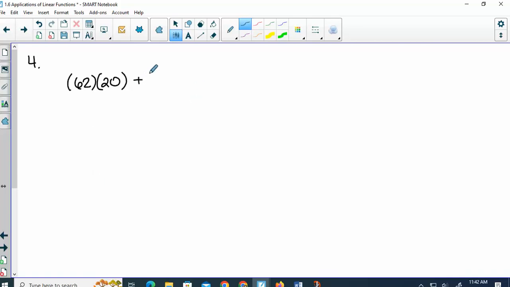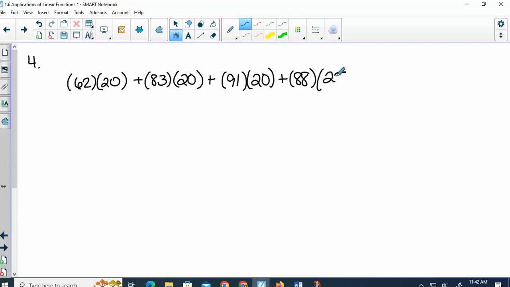The next test was 83, and that also had a weight of 20, or 0.2. Next test was 91 with a weight of 20. The term project was 88, and how much is the project worth? 25, or 0.25 if you did the decimals. Homework is 76, and how much is homework worth? 0.15, or I did whole percent, so 15.